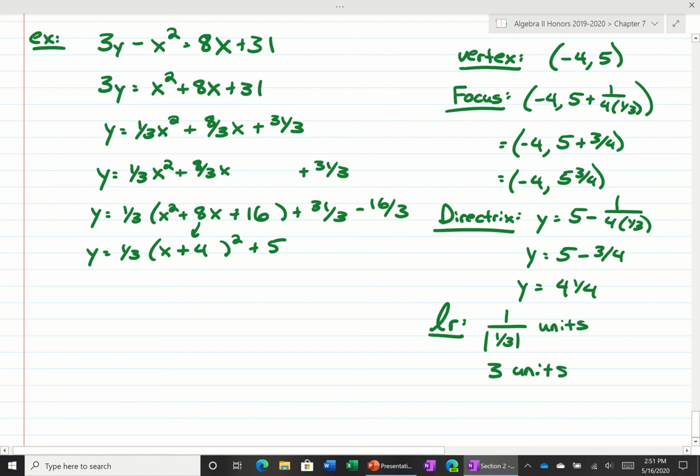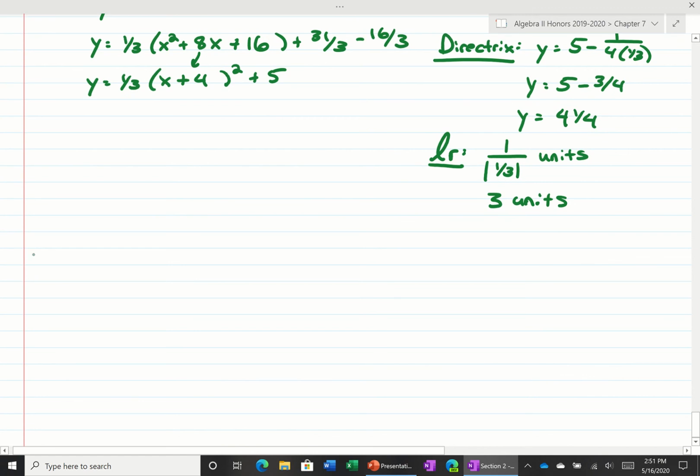All right, so I think that's a good review. We'll do one more. What if I told you that the focus was 3 comma 8, and the directrix is y equals 4.